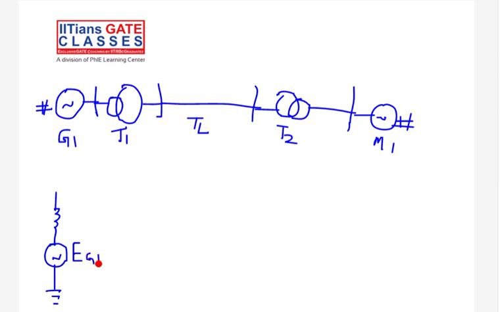T1, then it is connected to TL. This would be T1 and connected to the next element.